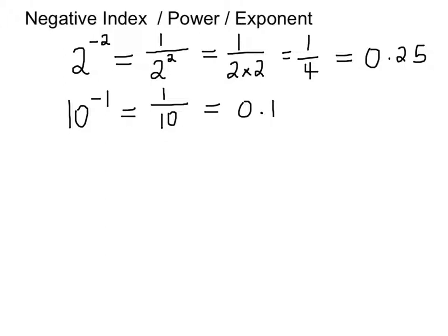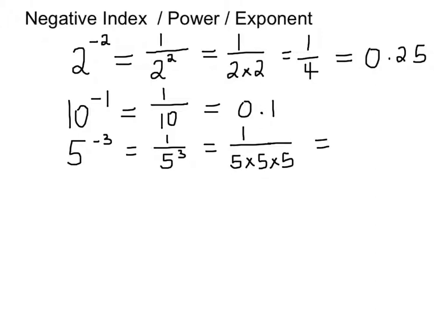And let's just look at one more. 5 to the power of minus 3. 5 to the power of minus 3 is 1 over 5 to the power of 3. And 5 to the power of 3 is 5 by 5 by 5. 5 5s are 25, by 5 is 125. And that's as a fraction.